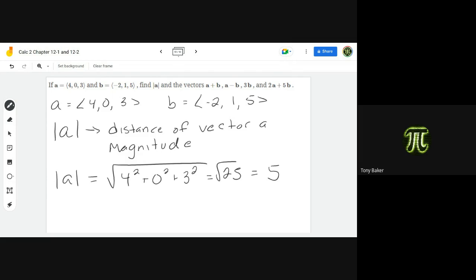Now find me the magnitude of B. So I've got negative 2 squared plus 1 squared plus 5 squared. So yes, the square root of 30.